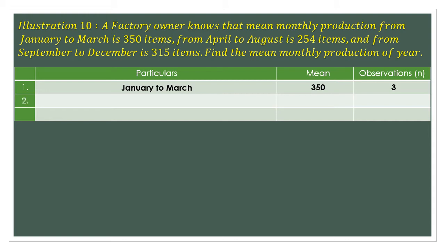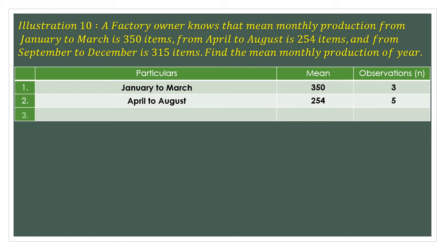The second group is from April to August. The average of April to August is 254 items, and the number of months will be April, May, June, July and August. That makes 5 months.